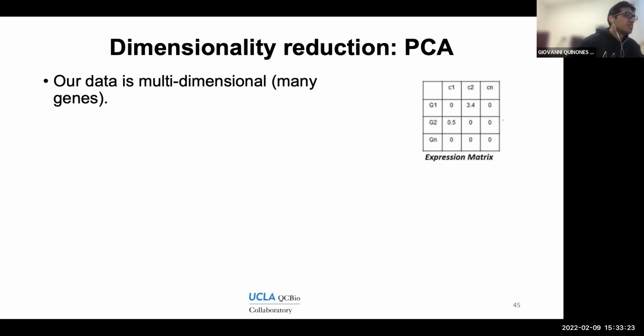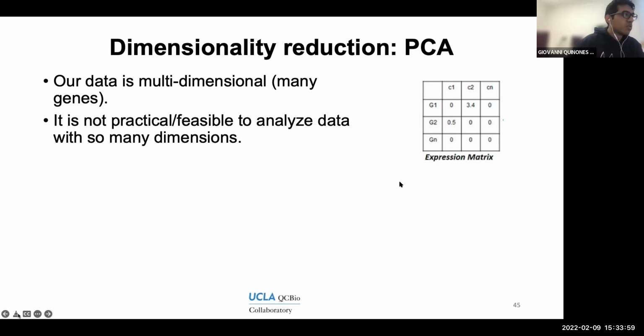Now, our data is multi-dimensional, and what we mean by this is that if we consider what values are associated with every cell, it's actually a vector, an array of values where each value is the expression of a particular gene. So in that sense, we can say that our data for every cell is multidimensional. It has as many dimensions as we have genes.